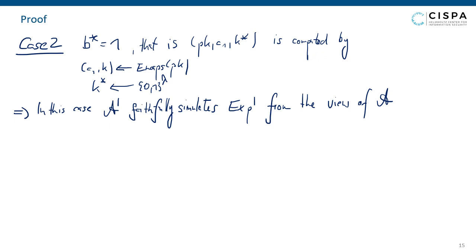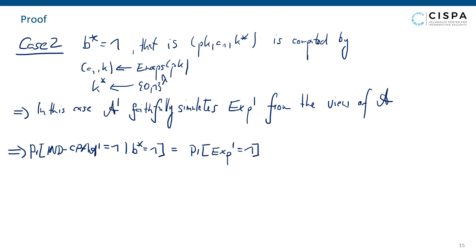Okay, so we have that the probability that our A prime wins the IND-CPA experiment conditioned on B asterisk equals 1 is the same as, well, the probability that A wins the experiment X prime.